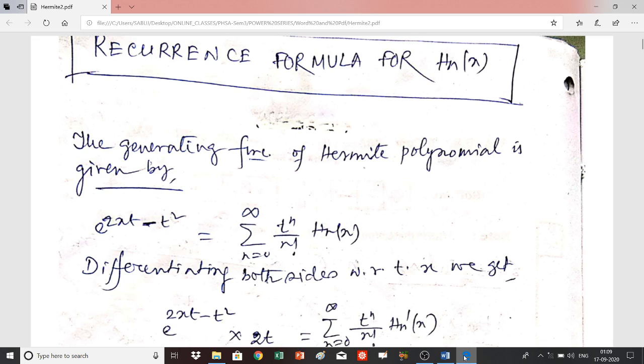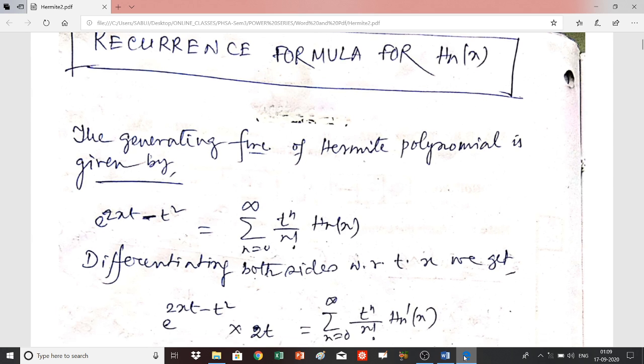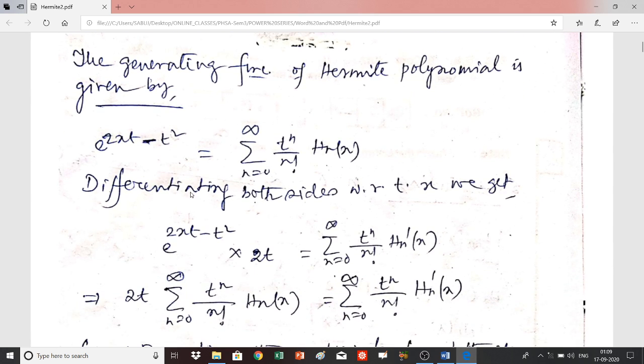And this generating function is such a function from which different Hermite polynomials can be derived. This function is very important because using it we can find Hermite polynomials of different orders.